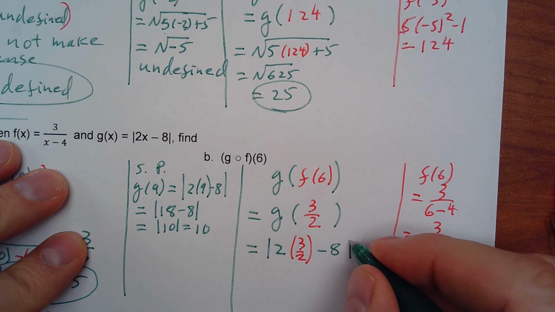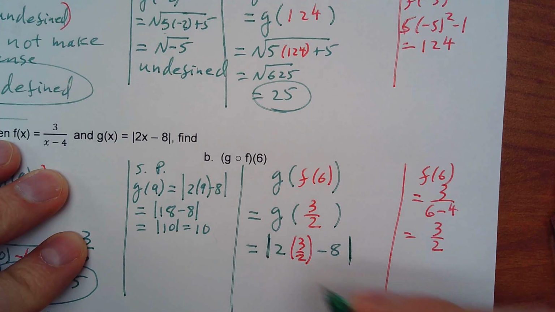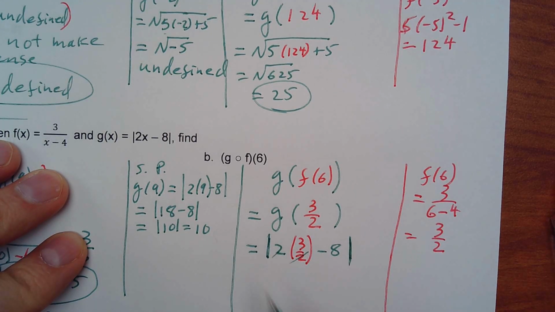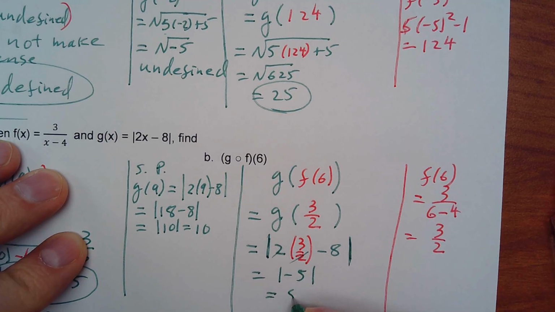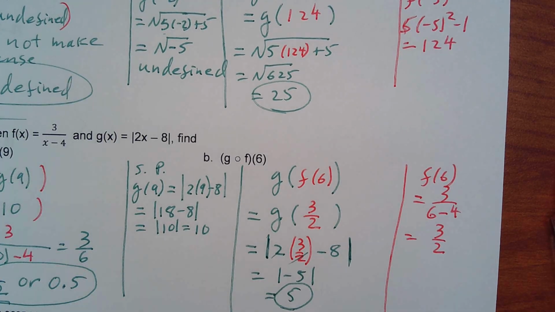And this is an absolute value symbol here. So the 2's are going to cancel. 3 minus 8 is negative 5, so this is the absolute value of negative 5, which would be positive 5. So that would be our answer.